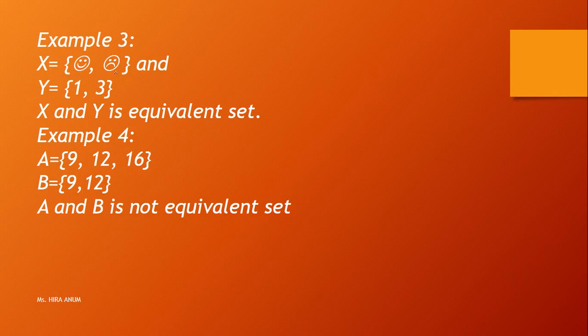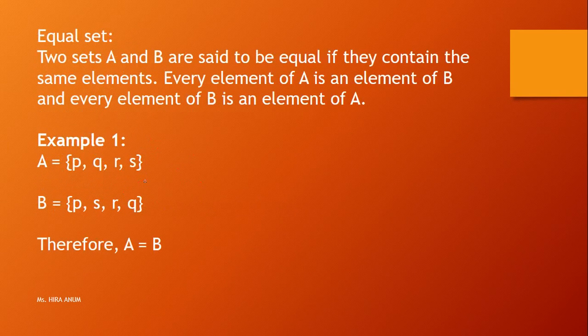X is smiley, sad, and Y is 1, 3. This is an equivalent set. But A equals 9, 12, 16, and B equals A and 12. This is not an equivalent set because this has 3 elements and B has 2 elements. So this is an equivalent set or not an equivalent set.